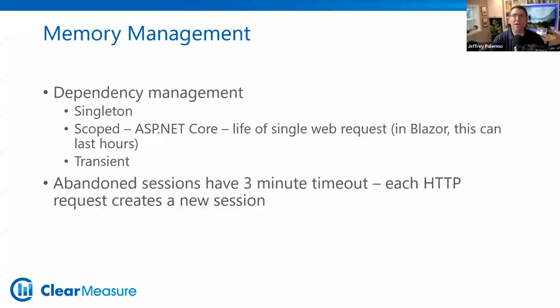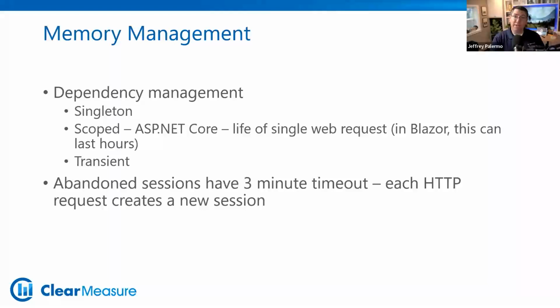Okay, singleton is for the scope of the process that it's running. So if you have 2 web servers, then you're going to have one instance of those dependencies on one server, one instance of those dependencies on the other server. And then transient, of course, is get me a new object every time.